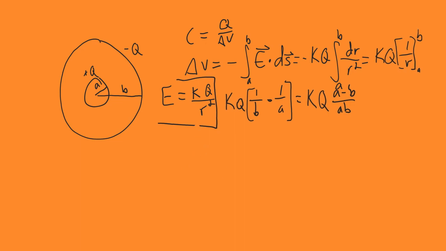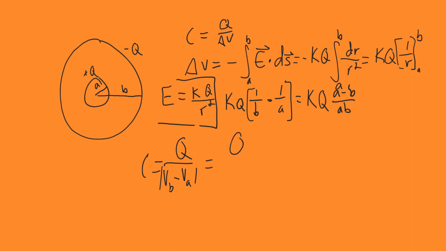So that's going to change our sign. So C equals Q over the absolute value of VB minus VA. So what this does is it's going to switch the sign on our A and our B there. So it's going to be B minus A.